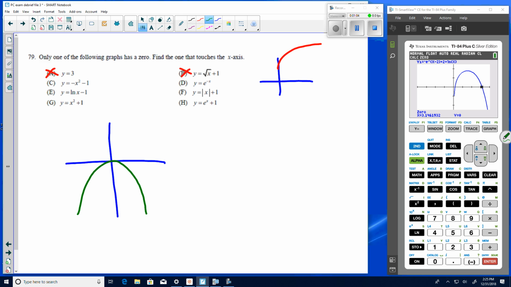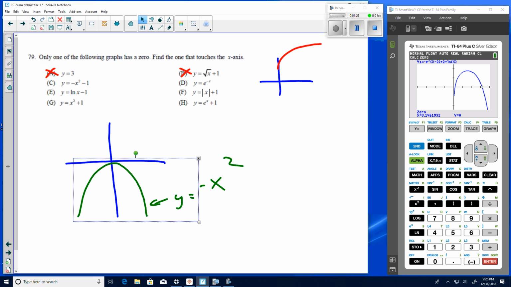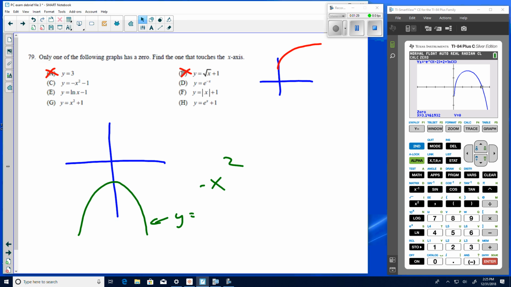And what we're supposed to do with that is drop it down by 1 unit, right? So minus x squared, and then drop it down 1. This will come down to there, okay? And so obviously not having a 0, no x-intercept.